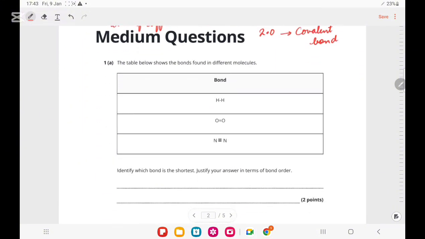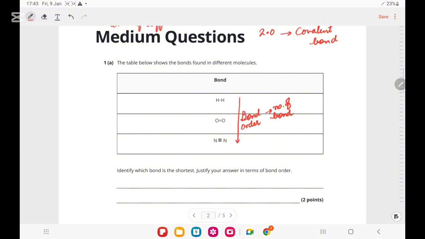Then the table below shows the bonds formed in different molecules: H-H, O double bond O, N triple bond N. Identify which bond is the shortest. So you can see the bond order is increasing. The bond order specifies the number of bonds. Hydrogen has single bond, oxygen has double bond, nitrogen has triple bond.